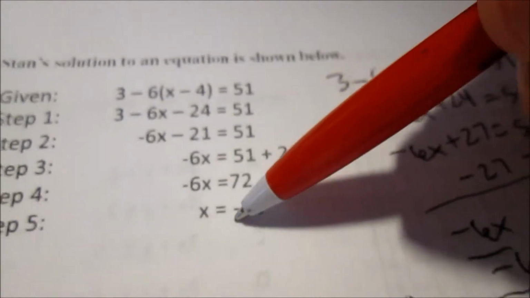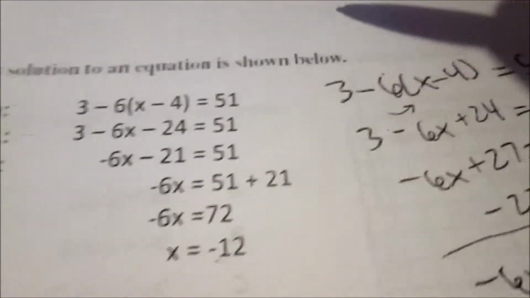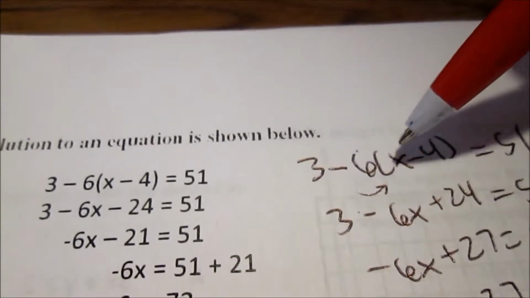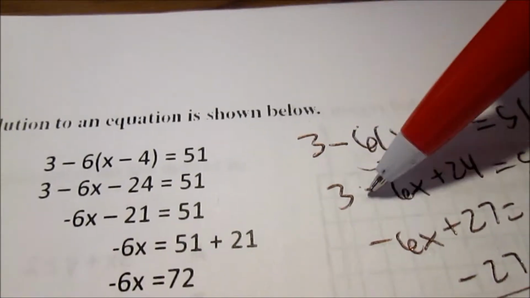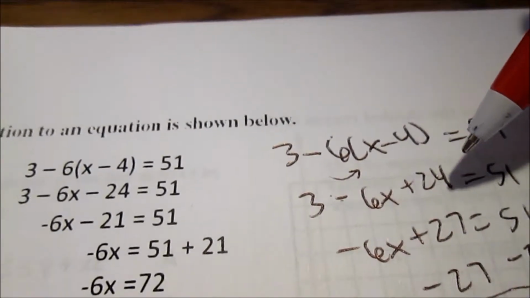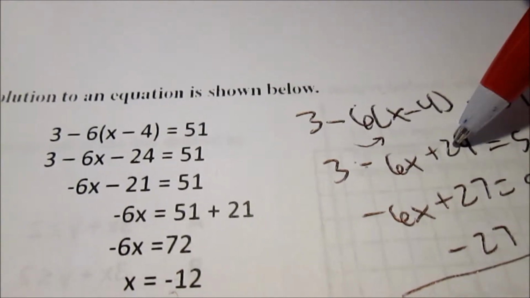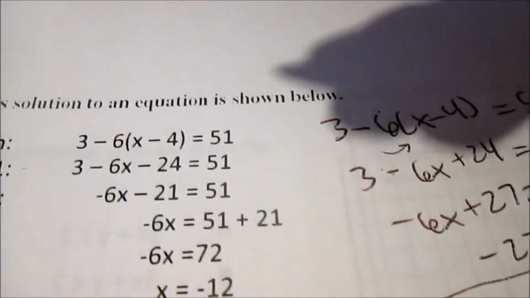My answer is -4. It does not match the answer from the problem, so that means it is not a correct solution. That means there's a mistake somewhere. Let's look at the first part. Is the mistake there? Okay, my first step, their first step. Identical. So no, well actually, not identical, because this is a plus 24 and they got minus 24.